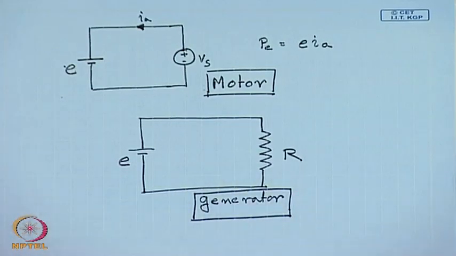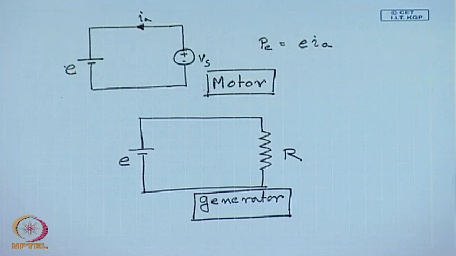So, we see that the same construction, the same physical device can either work as a motor or as a generator, depending on which is the input. If electrical energy is the input, then it will produce mechanical energy and will be called a motor.